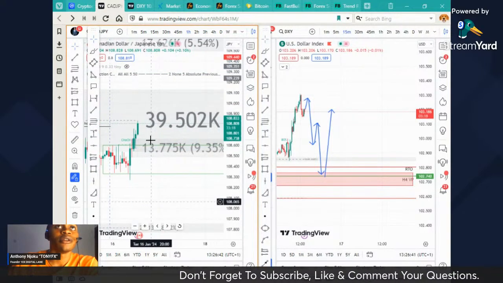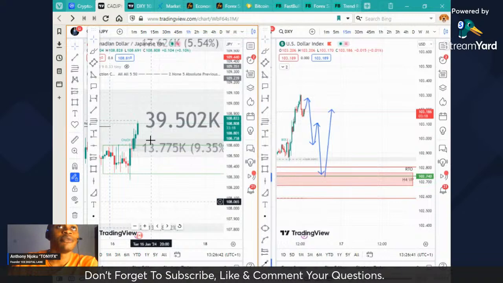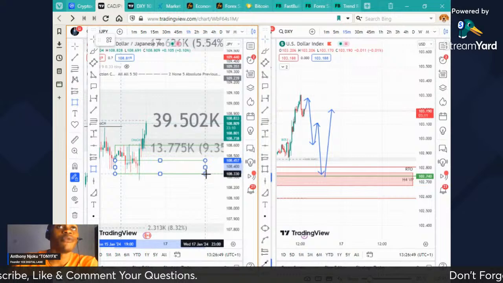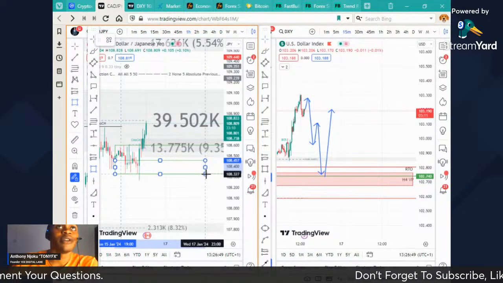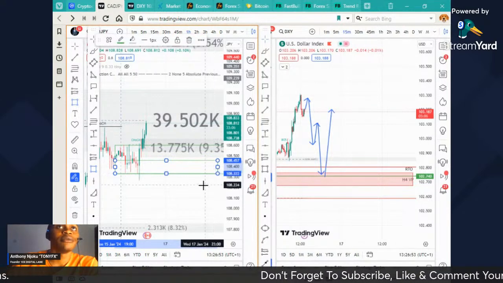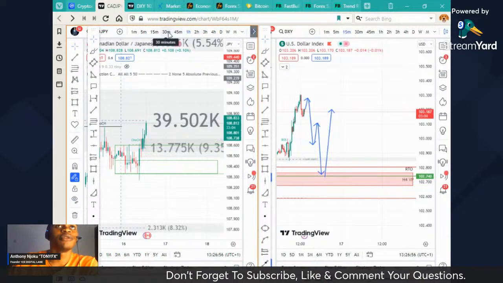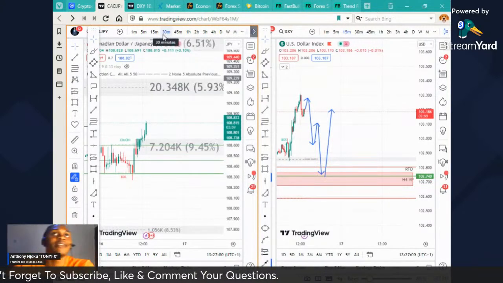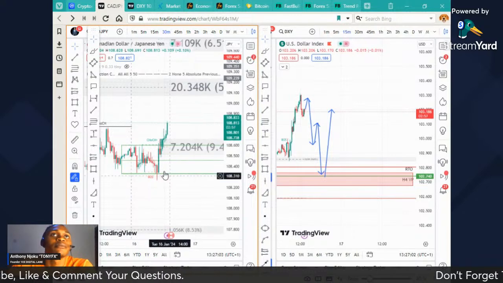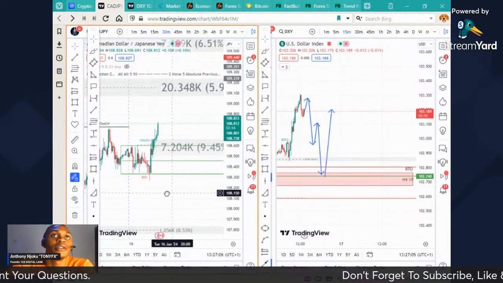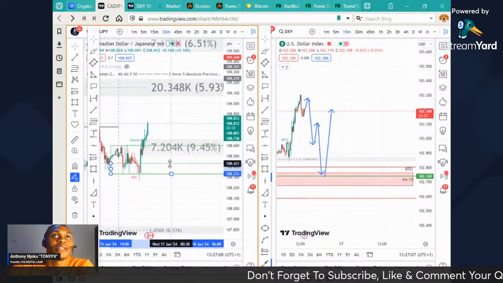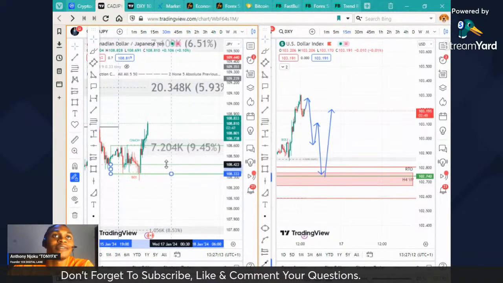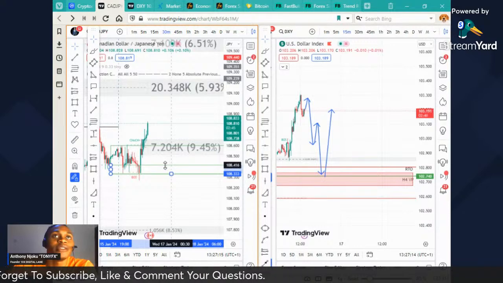Okay, so based on what I can see, this 1 hour order block for CADJPY over here gives us a better stop loss. Let's go down lower, probably 30 minutes. Okay, we have a lesser zone on the 30 minutes over here. The last red candle before that push to the upside is this candle.